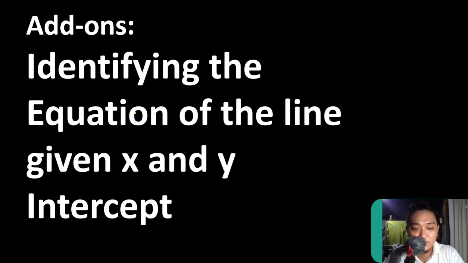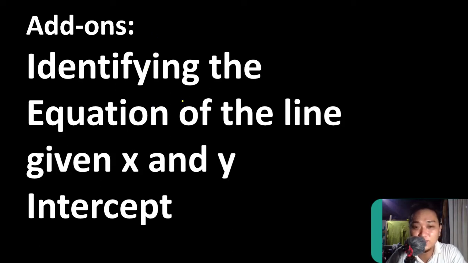Okay, this time, I'm going to share with you another method in identifying the equation of the line whenever ang given is x and y intercepts. Although we can make use of the slope intercept form of the line, there's a much more efficient way to do that.